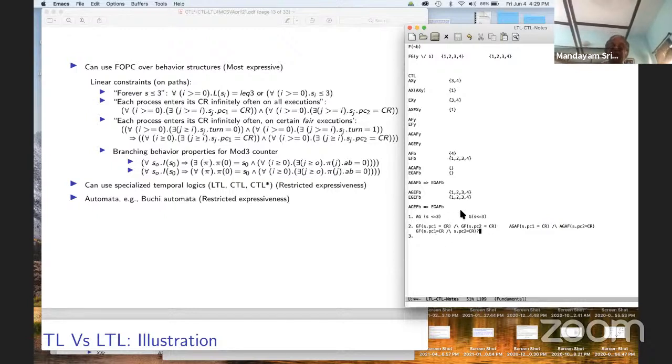Nonetheless, we are discussing this independent of transition systems. So that's the reason this is not the same as that. Okay, so let's move to 3.